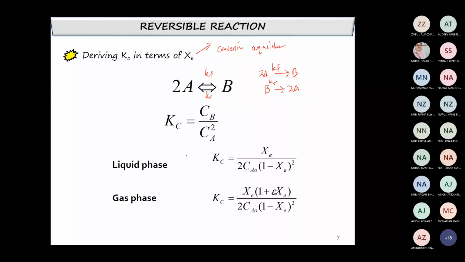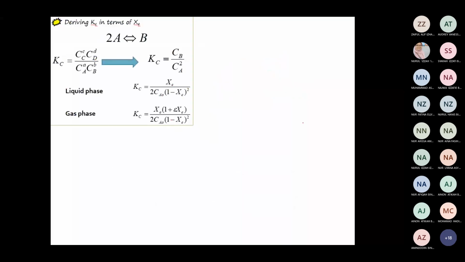Next slide. This one. Okay, so from here, we have 2A is equal to B, means that A is equals to half B. Okay, so for liquid, okay, sekarang I want to derive it. So this one automatically is KC is equals to CB over CA squared. Okay, daripada situ, we need to know what is CA, what is CB.